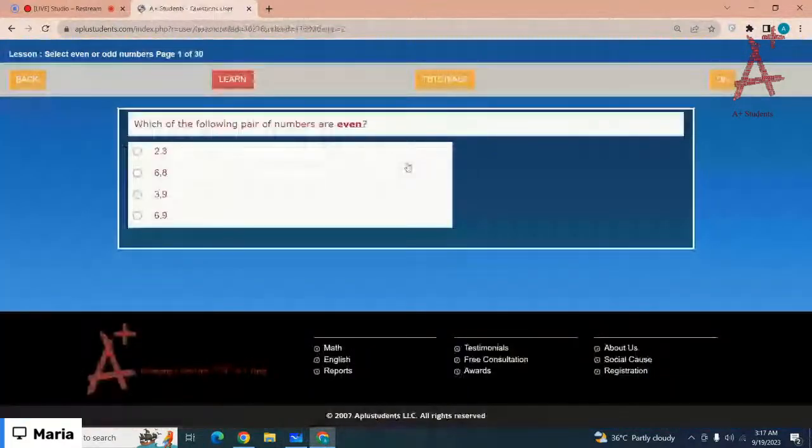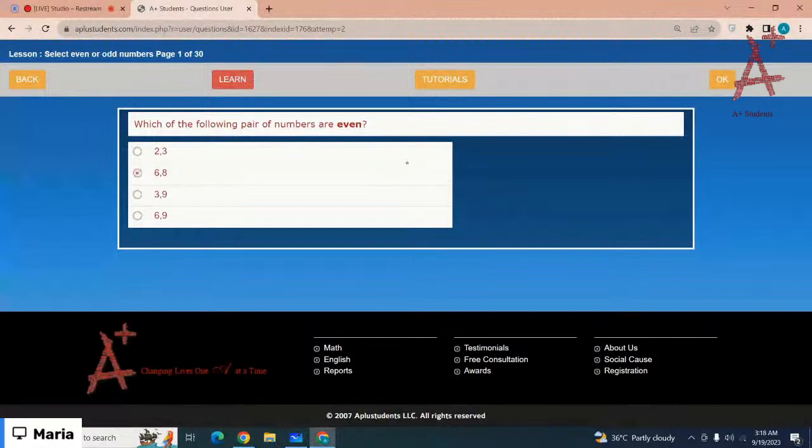Which of the following pair of numbers are even? You have to select a pair. Pair means both the numbers must be even. Which is the correct option? Just look at the first option, 2, 3. 2 is even, 3 is odd. 6 is even and 8 is even.